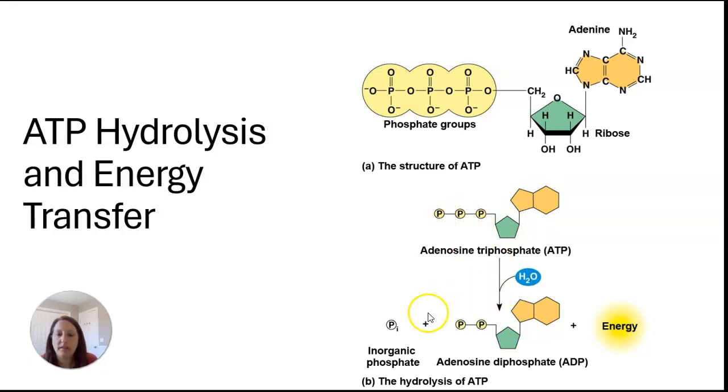Water will come in, that terminal last phosphate will come off, and that's represented here by Pi, which stands for inorganic phosphate. Here we're left with ADP, adenosine diphosphate, 2 phosphate groups. So when this last phosphate comes off, that's the energy that gets released. Okay, and again, that's the energy that can then drive whatever cellular work needs that energy.